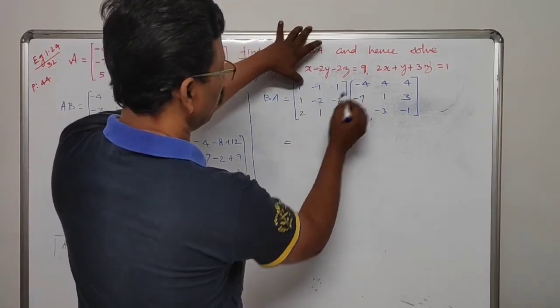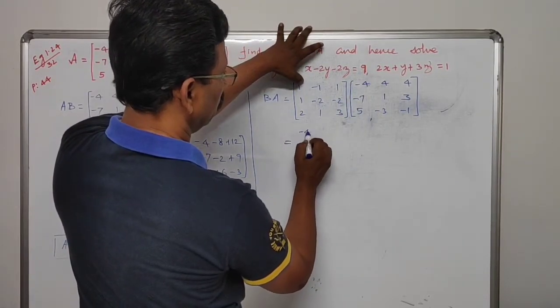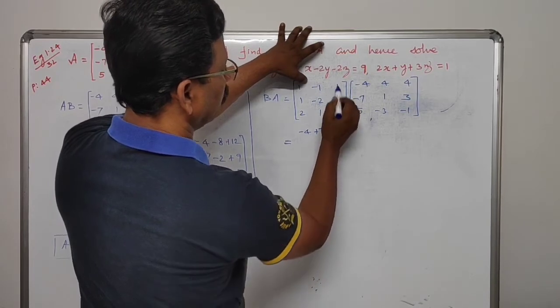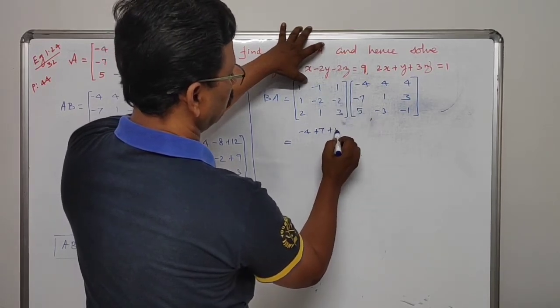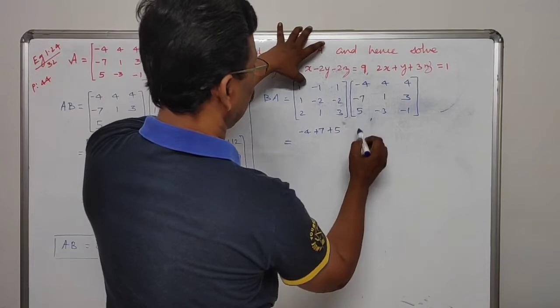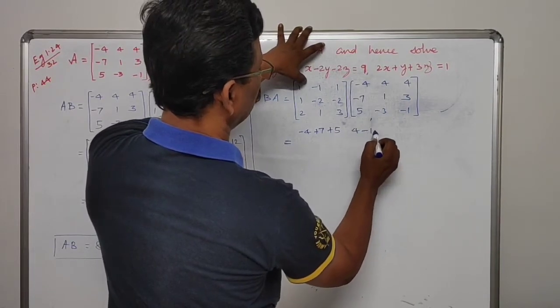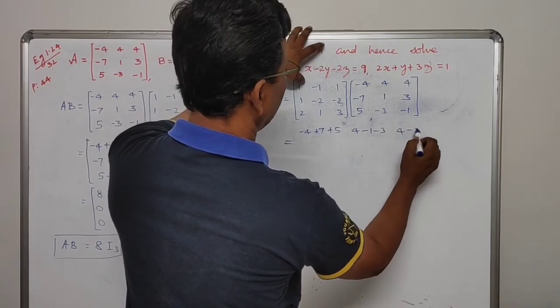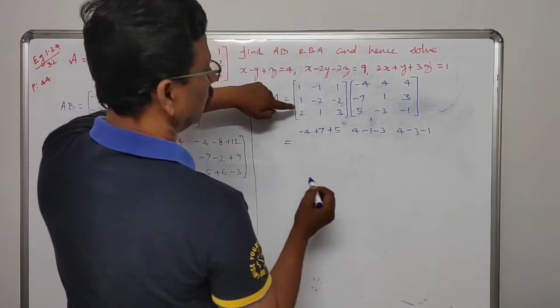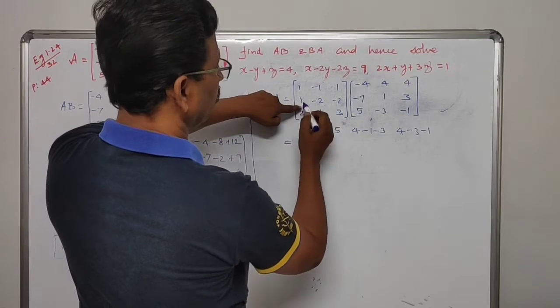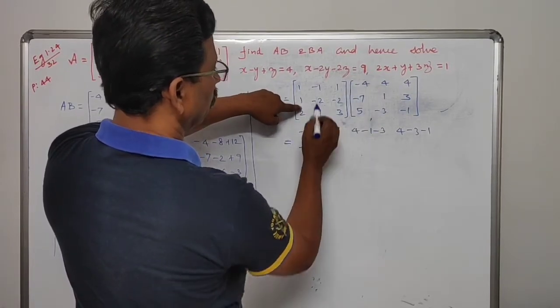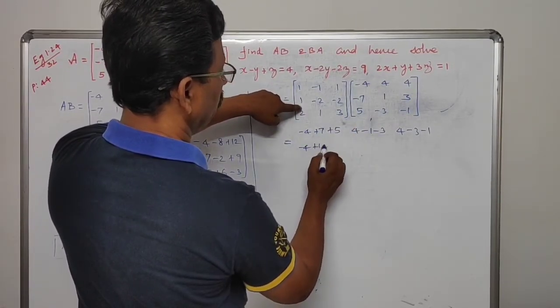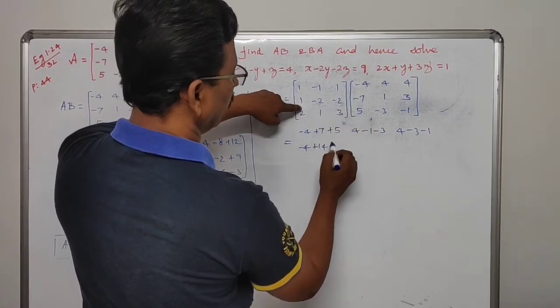This first row: minus 4, then plus 7, then plus 5, then 4, minus 1, minus 3, then 4, minus 3, minus 1. Then second row first column: minus 4, then plus 14, then minus 10.